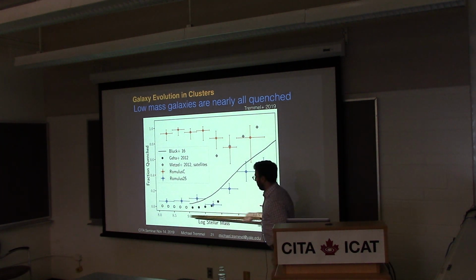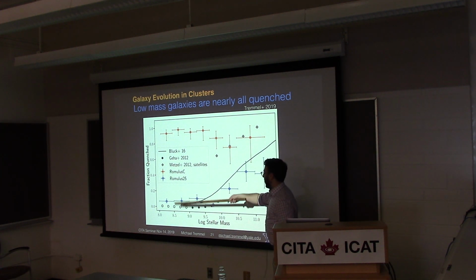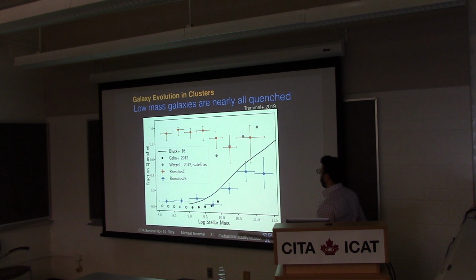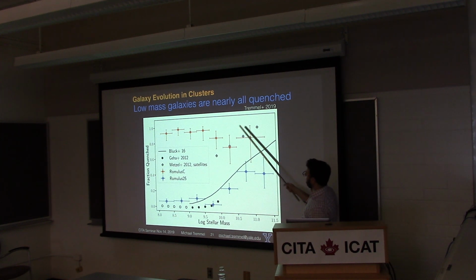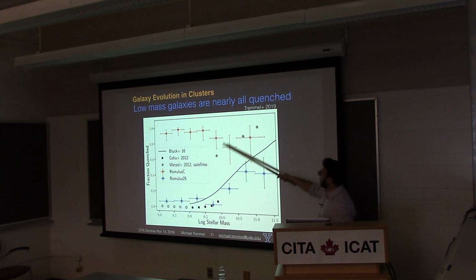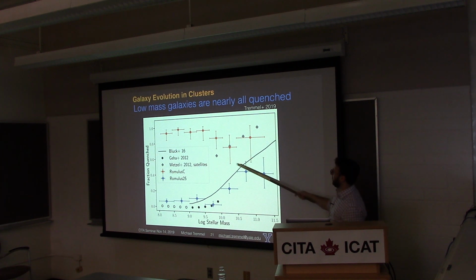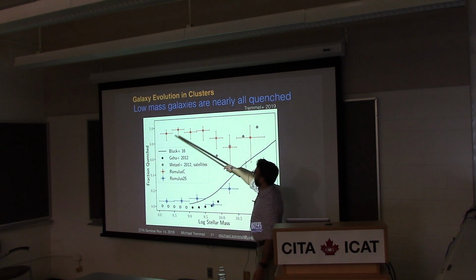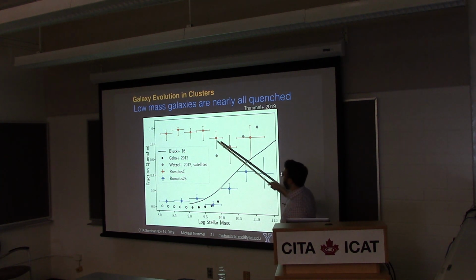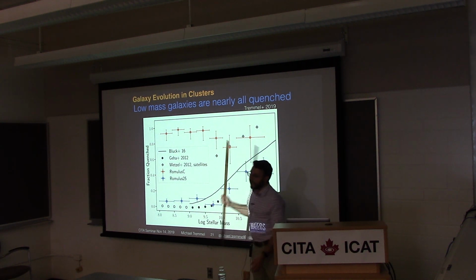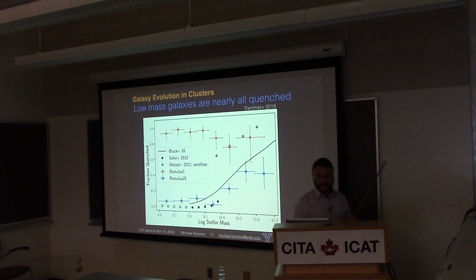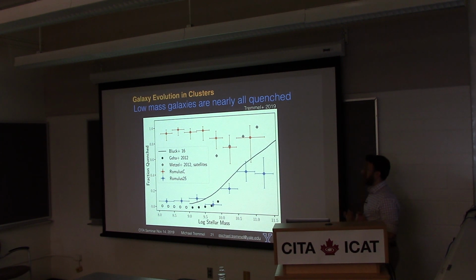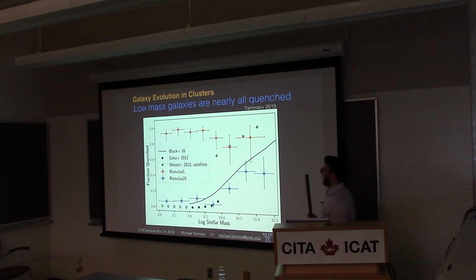The quench fraction goes from basically nothing at low masses and increases at higher stellar mass. In the cluster, at high mass, we match well to the Wetzel et al. 2012 observations. But then we see this uptick in quench fraction at low masses, where everything that's dwarf galaxies, at like the 80 to 90% level, is quenched in the cluster environment. They've lost all their gas.